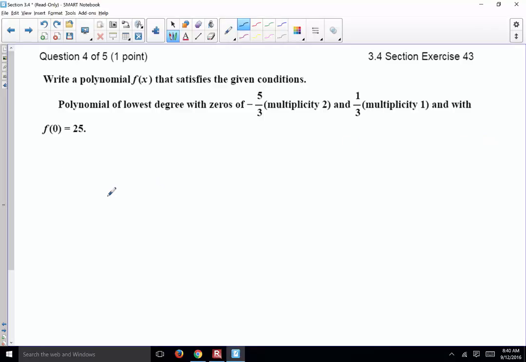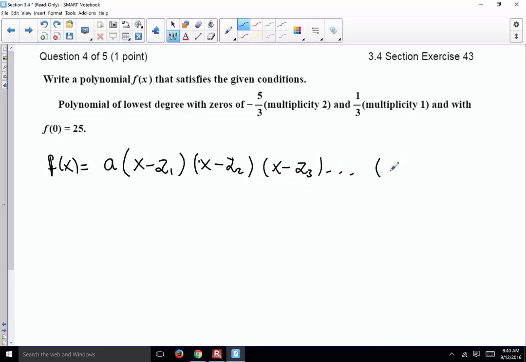Okay, here is the fact. A polynomial is called f of x. I will call it the same, f of x. It can be formed by multiplying a number, x minus z1, x minus z2, x minus z3, x minus zn.